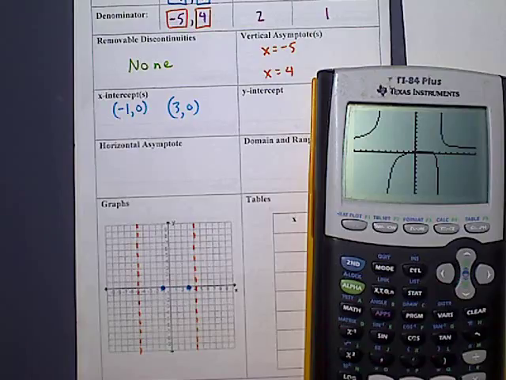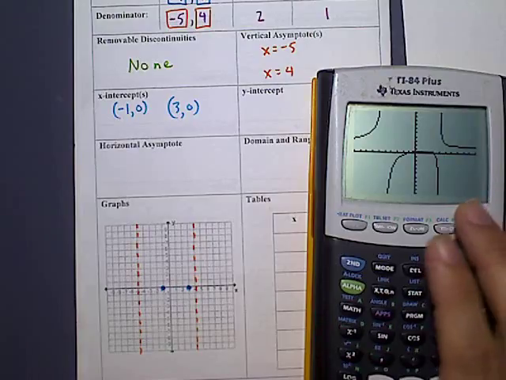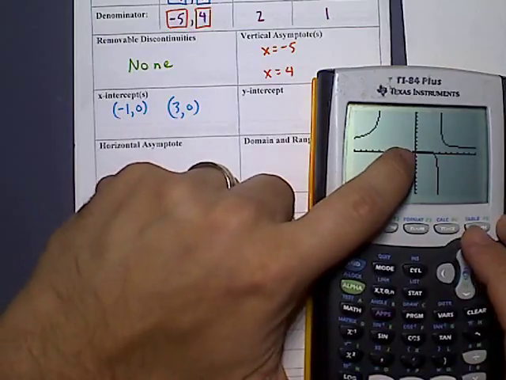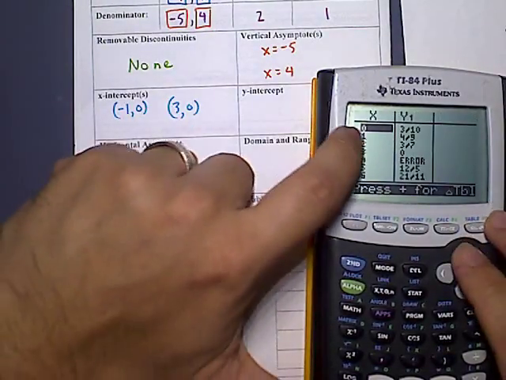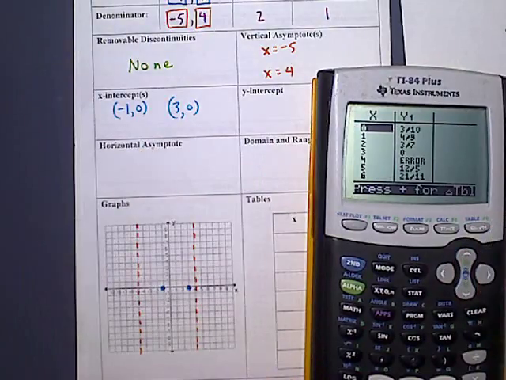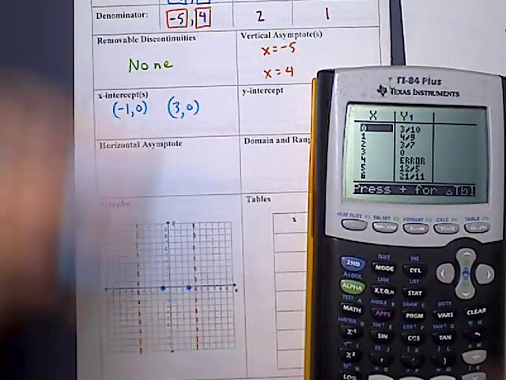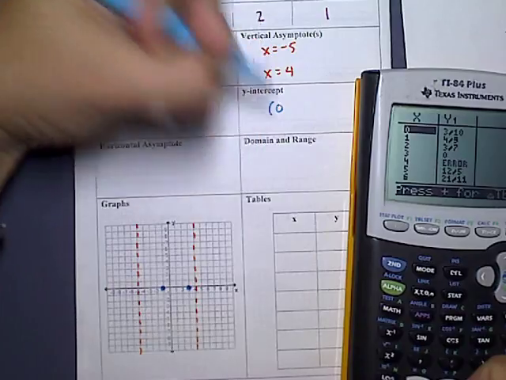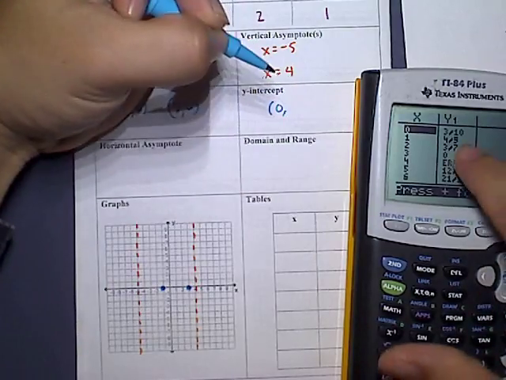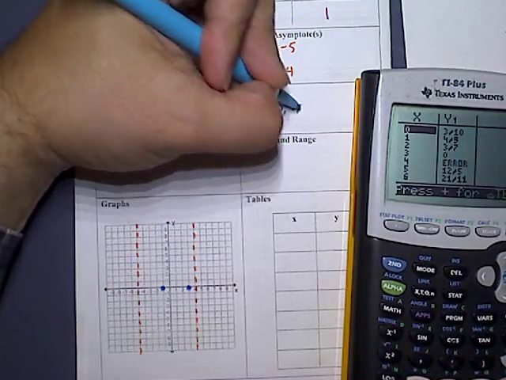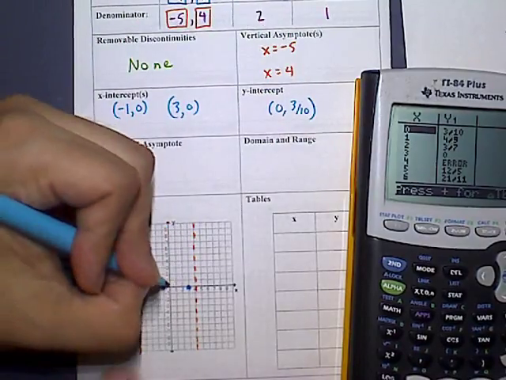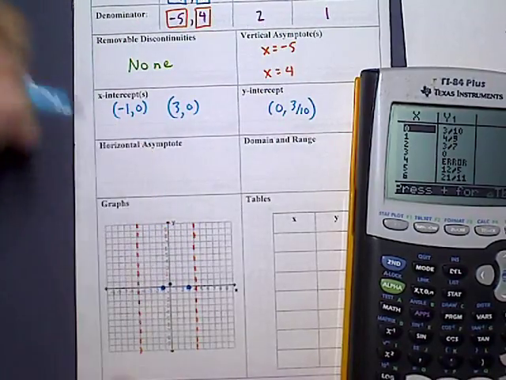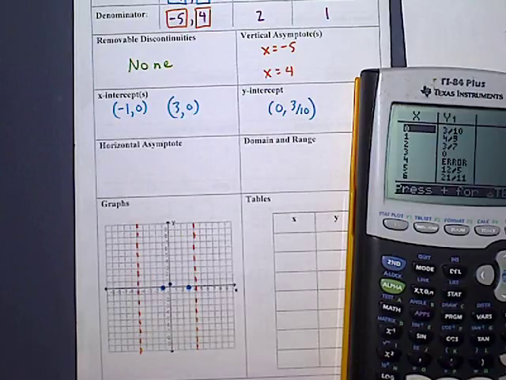But that won't be too big of a deal because we are just going to plot it. Now, we do have a y-intercept right here, so let's go to the table to find out exactly where it is. The x-coordinate is always 0. And the y-coordinate shows up here on the table, 3/10. I'm going to go ahead and put that on here as well.